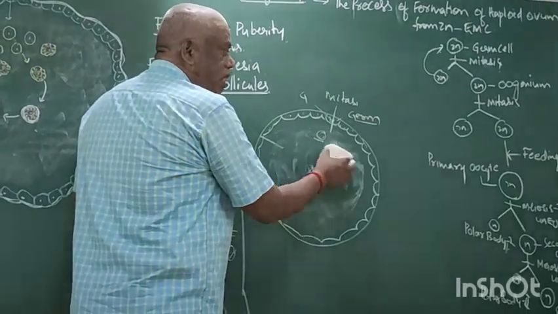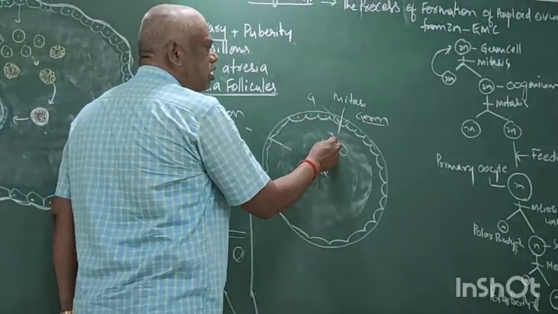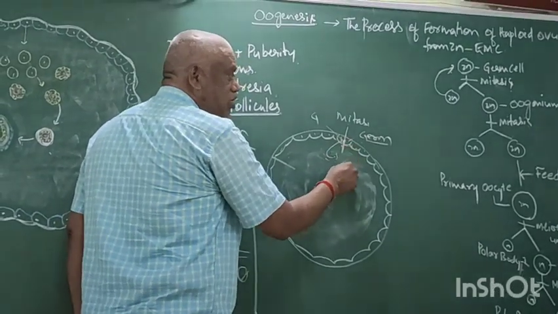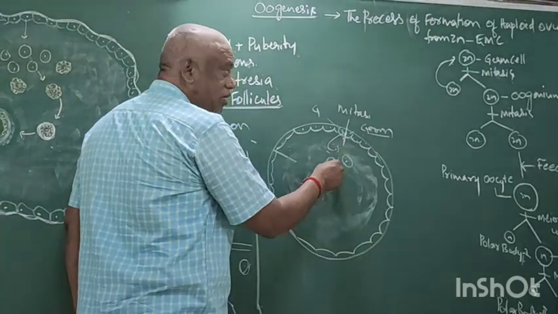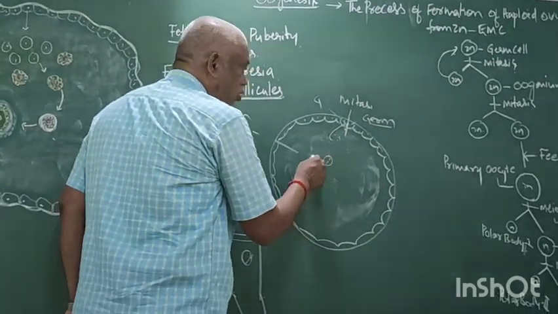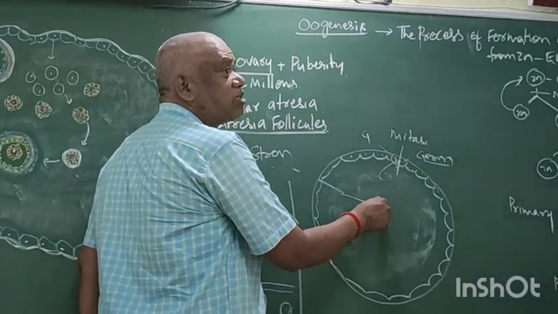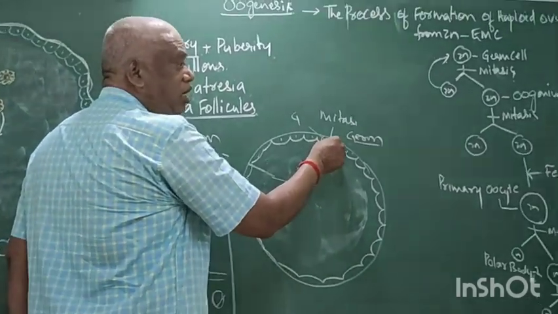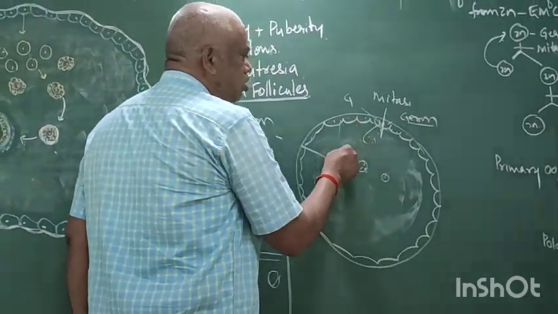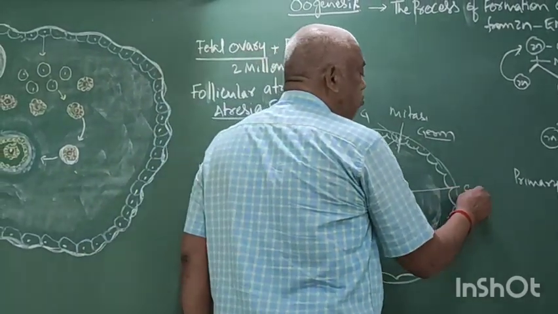That means among these two daughters, one remains as a germ cell. The other one falls into the stroma and reaches the medulla. This daughter cell of the germinal epithelium is called the oogonium.